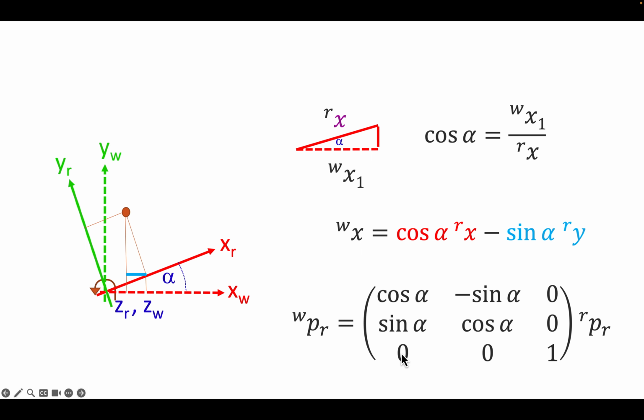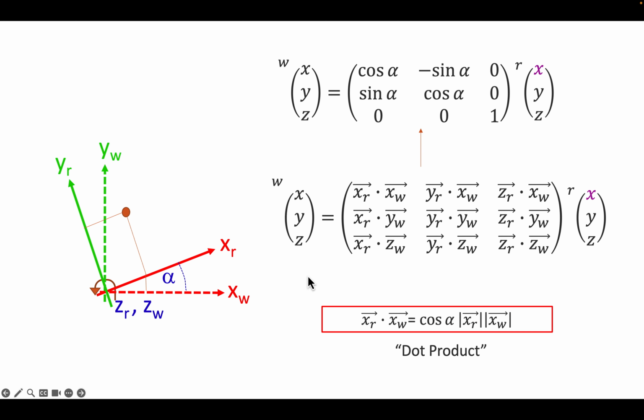Now, in the last row, z, I don't do anything. I essentially take over the z dimension from the robot coordinate system and move it forward. Now, this is very cumbersome. There's an easier way to do this.